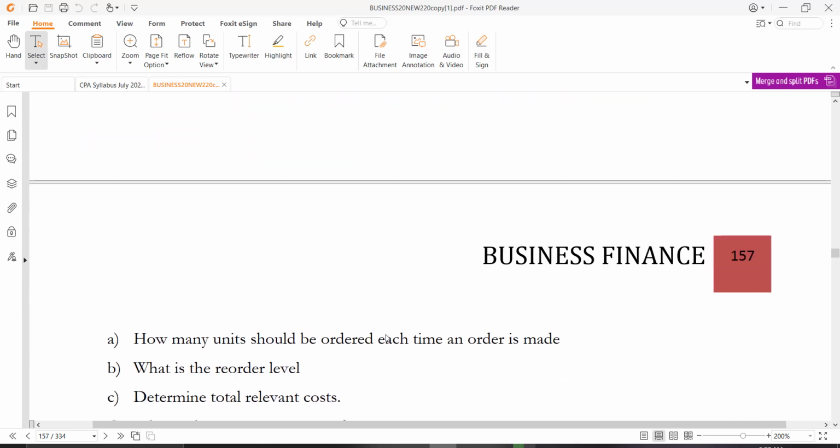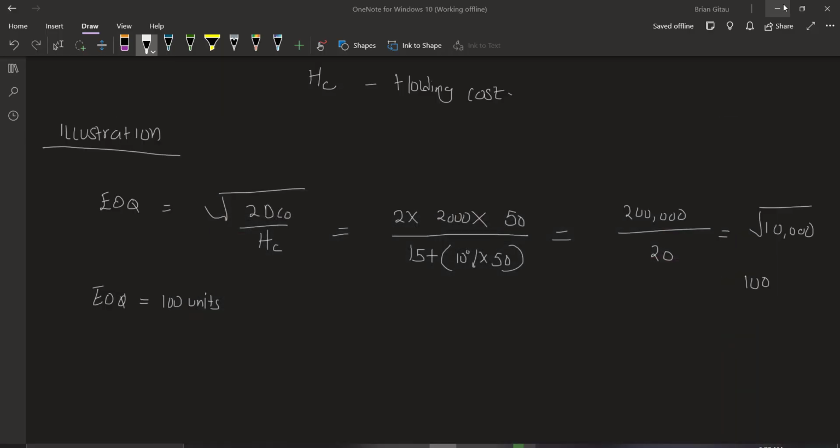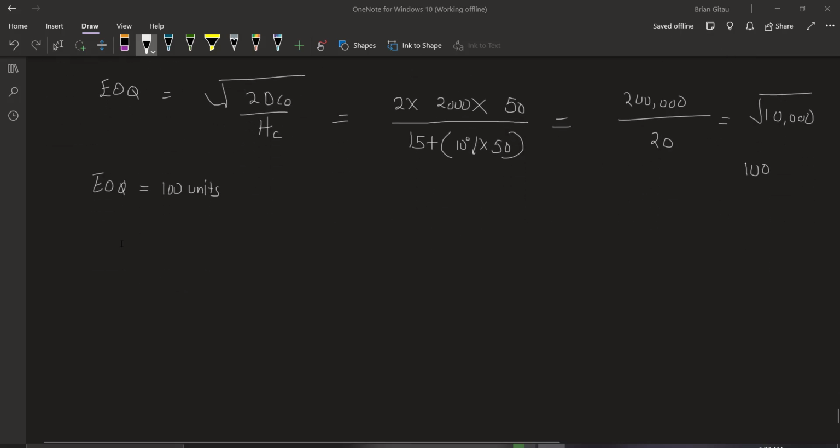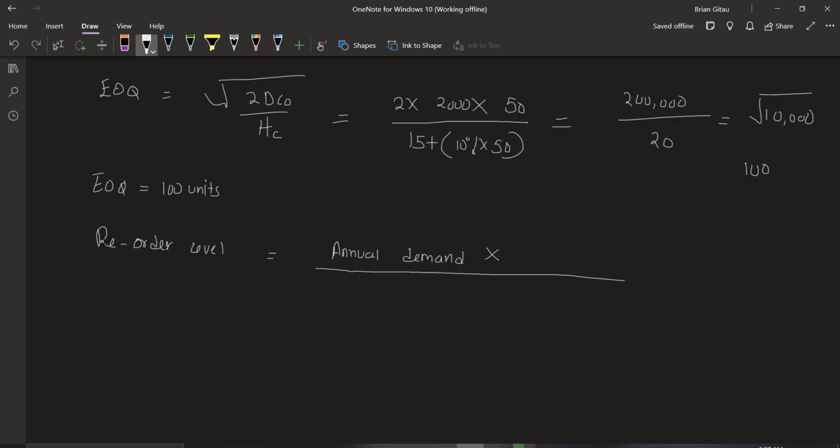Now, the next part of the question: what is the reorder level? We have a formula for the reorder level, and we take the annual demand, we multiply by the lead time, divided by the number of days in a year, and then we add the safety stock.